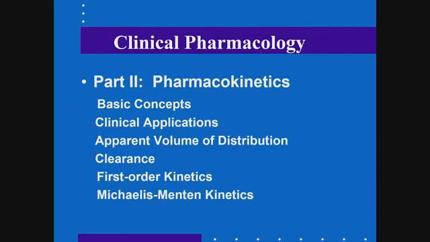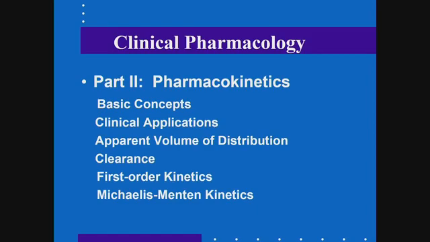Now, let us move to the second phase of our conversation today and introduce you to the basic concepts in pharmacokinetics and its clinical applications. We will talk about the apparent volume of distribution and the clearance parameters. These are two parameters that we call primary pharmacokinetic parameters.